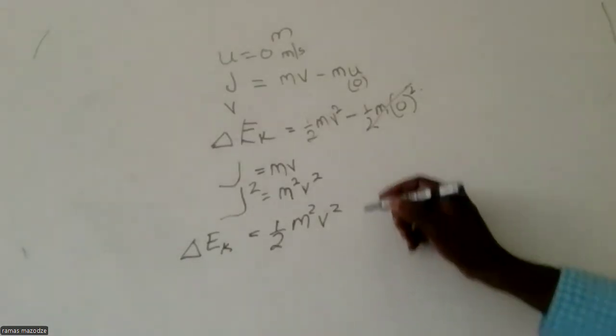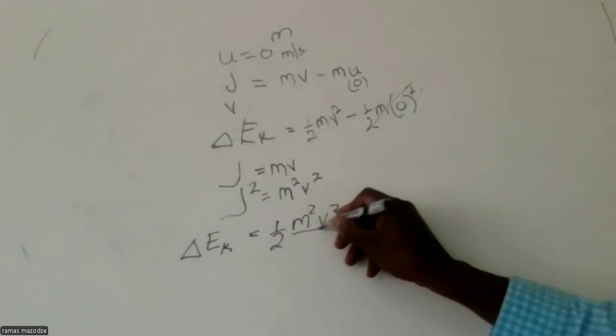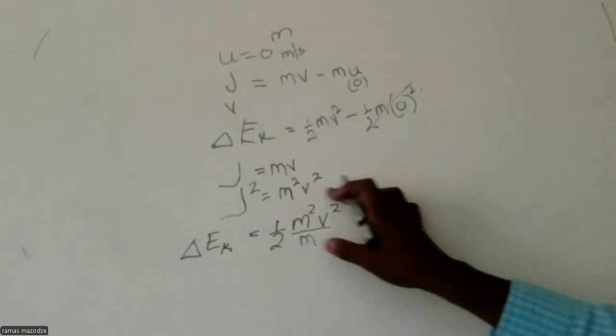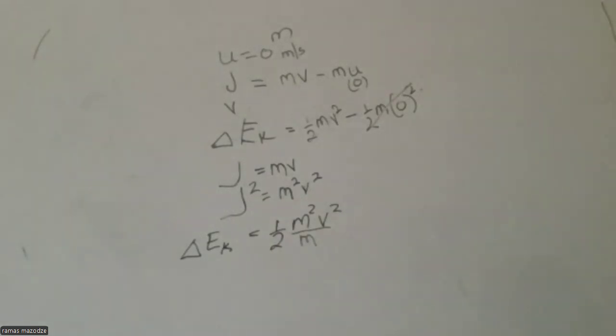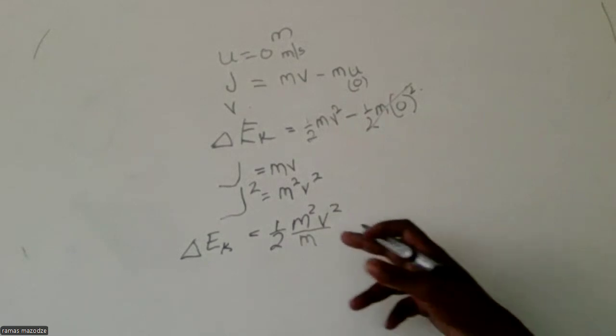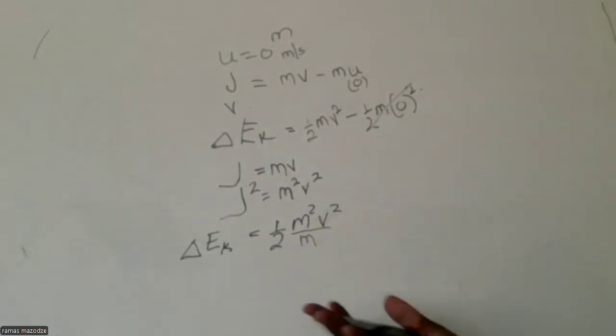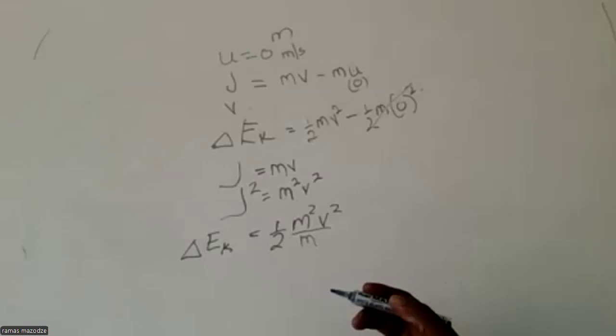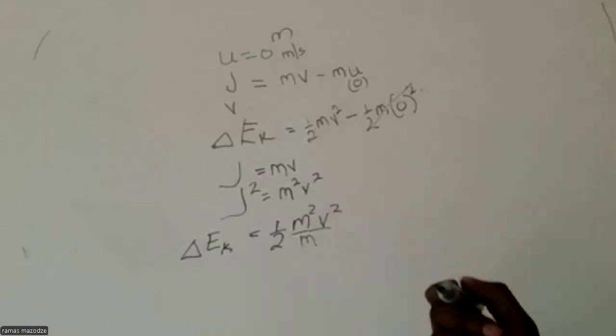Very good. So we are going to divide by m. This is exactly my expression for the change in kinetic energy, just rewritten in a form that suits what I'm looking for, because if you divide that m squared by m, you still have half mv squared.